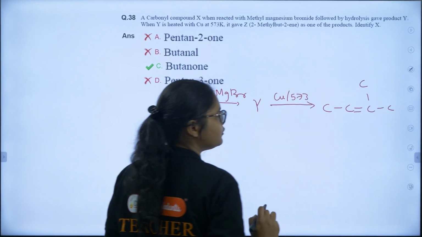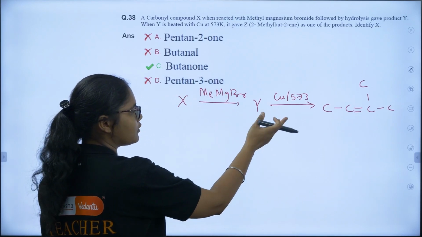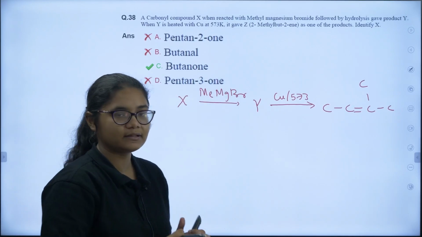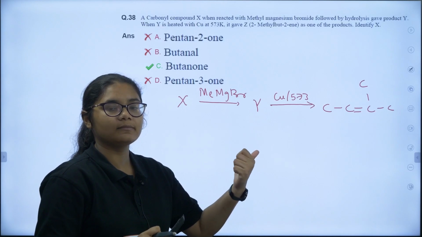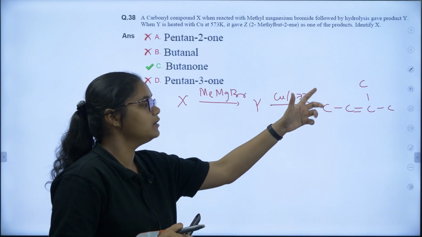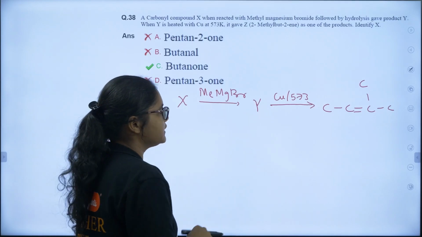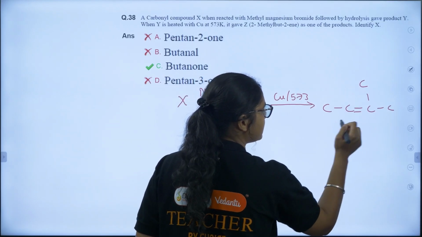2-methylbut-2-ene. Now if you see here, when you're heating with copper and you're getting an alkene, that is a sign that this one must be a tertiary alcohol, right? So for the tertiary alcohol, what should be there? Then only we'll have a double bond here.